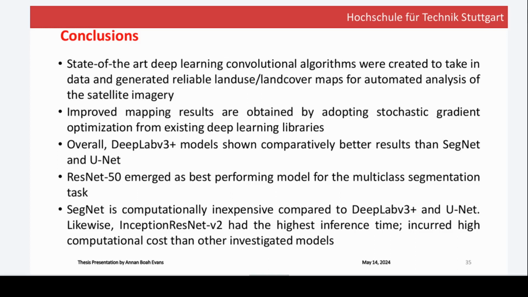And improved mapping results we also obtained by adopting stochastic gradients from existing deep learning libraries. The conclusion is straightforward here in the sense that a lot of deep learning optimization algorithms exist. Typically among them, you can talk about adaptive moment optimization. So somebody can also sit down and try to build on this work by using the concept of adaptive moment optimization.